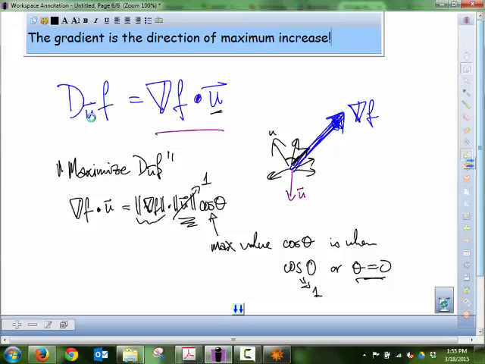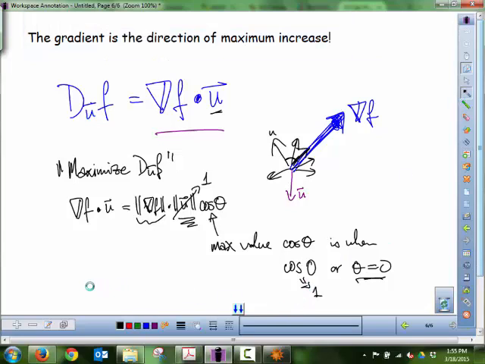What if theta was equal to pi? Then it's the direction of maximum decrease.